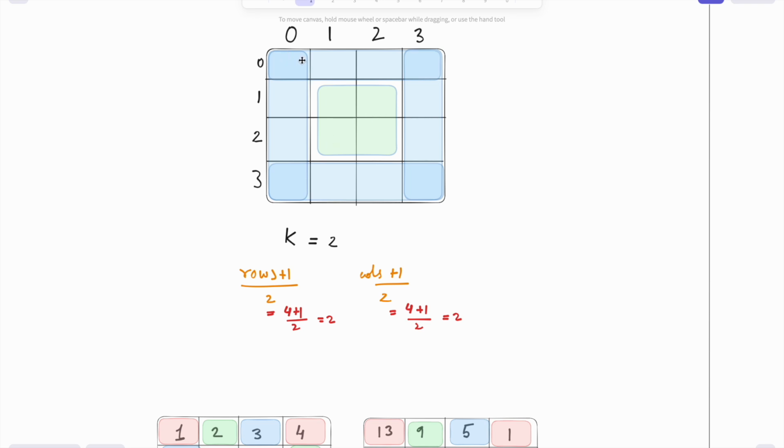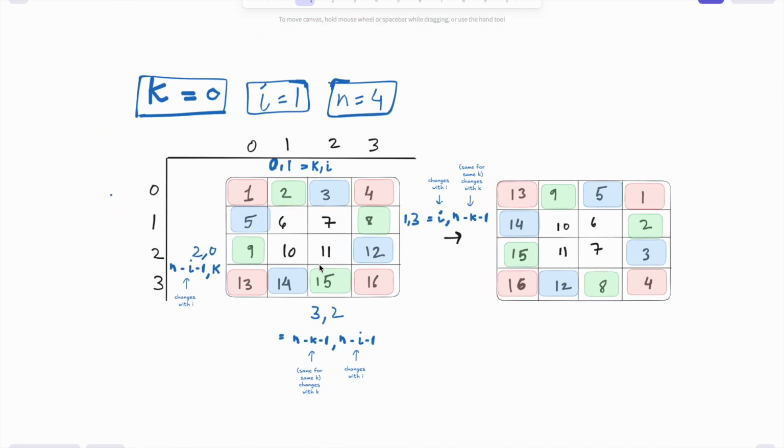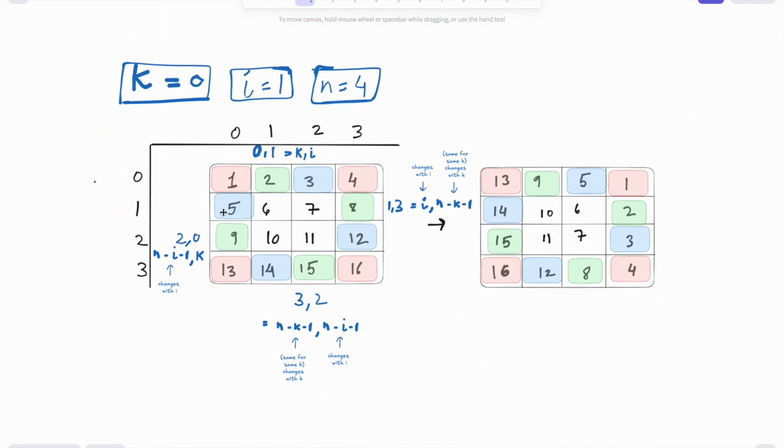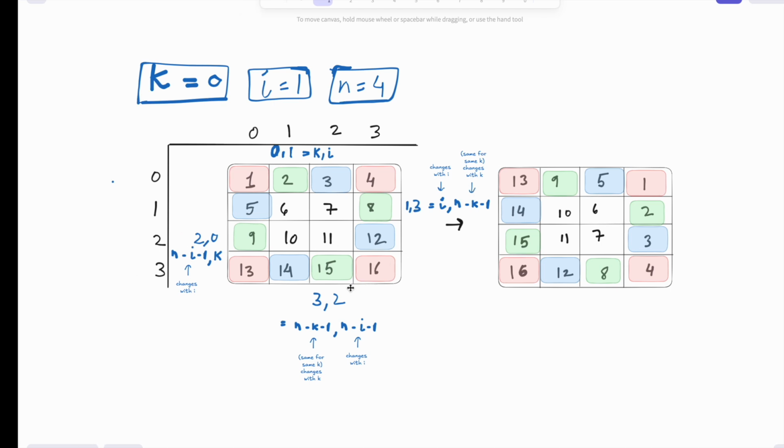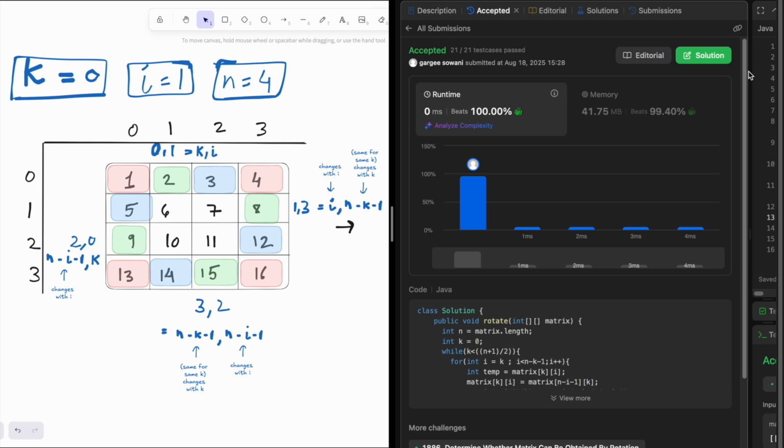This is the 0th layer, this is the first layer, and so on, and we perform the rotation for each of them. Finally, we know the indices that we are rotating from, and we generalize them using an example. It's always easy when you use an example to generalize these things, and that's how you get your solution in code. Awesome, I hope you enjoyed this.